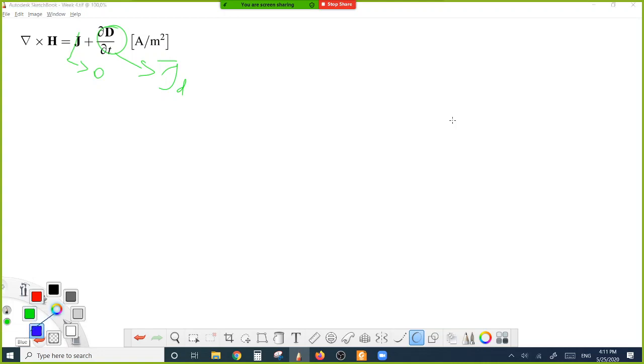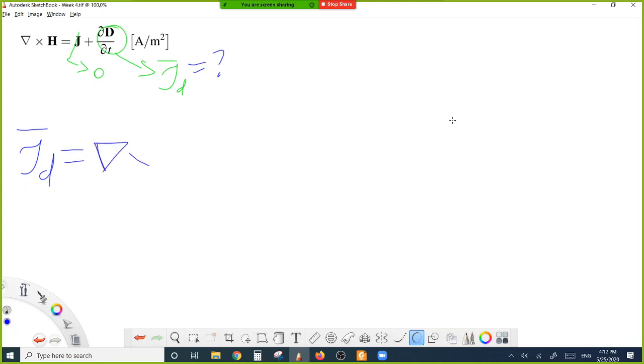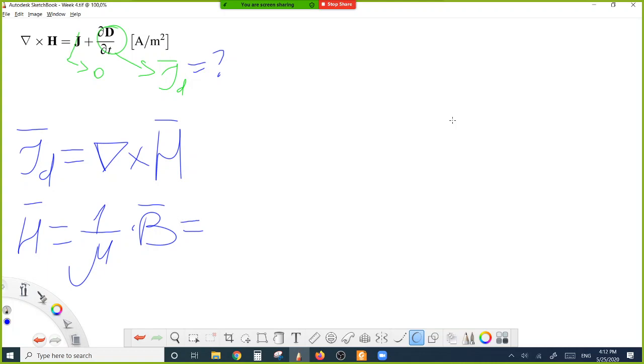Now we want to find the displacement current density JD, which is equal to the rotor of H, or the rotor of the magnetic field intensity. What is H? H is 1 over mu multiplied by B, yes? So let's define H.